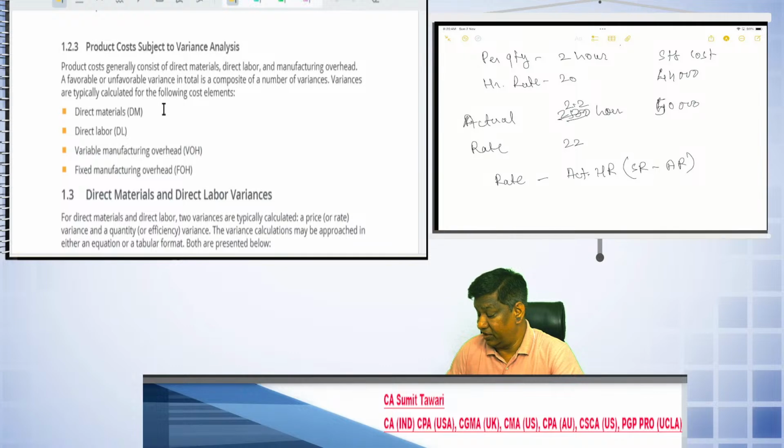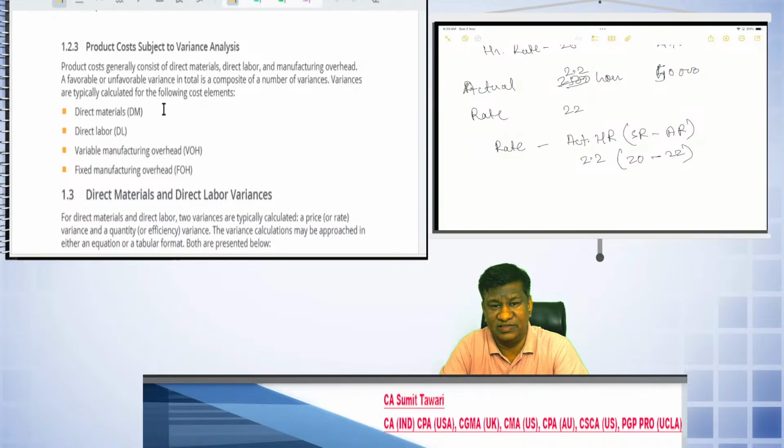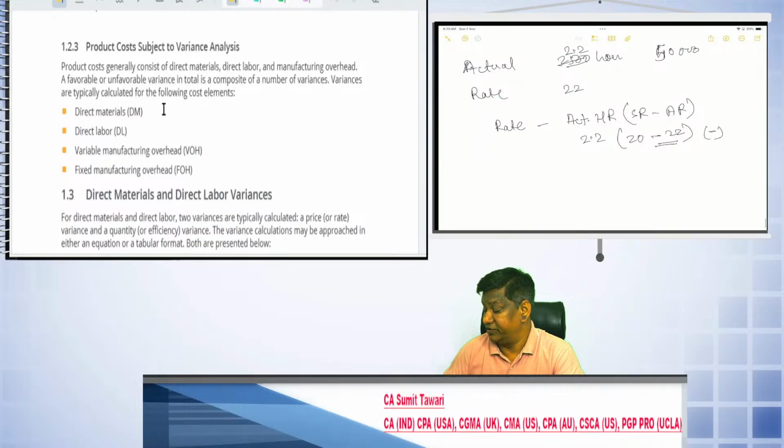So actual hours I'll consider 2.2, standard rate is 20, and actual is 22. So will you get a positive or negative variance here? Negative, because the actual rate is higher than the standard rate.